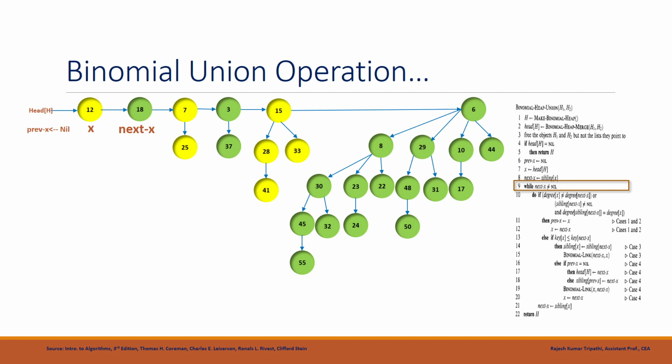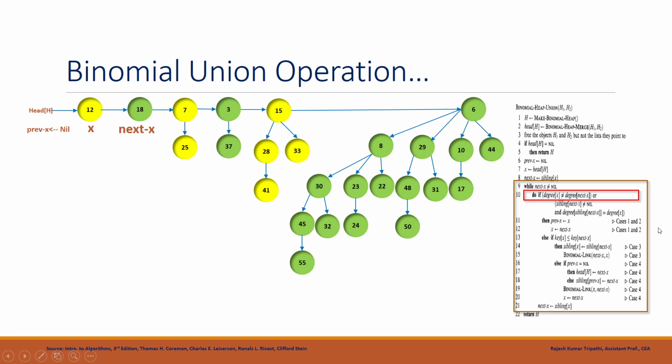Now we will go inside the while loop and we will see whether we should merge the binomial trees or not. So in this case, first we will check next X not equal to nil. Yes, because next X is holding the address of this one. It is not nil, so we will go inside and check if order of X and order of next X is not equal. While it is equal, so this condition is false.